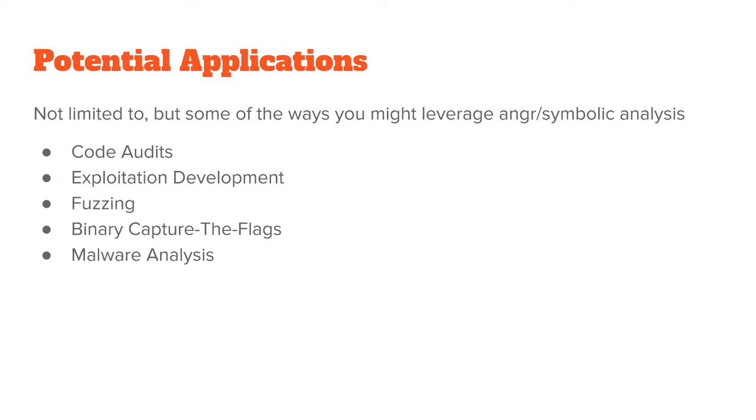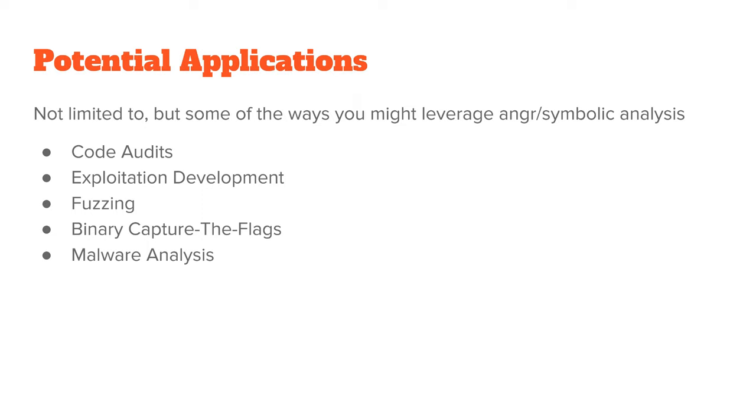So potential applications for symbolic analysis. It's not limited to these, but these are some of the more common instances of what it's used for. You have code audits, exploitation development, and fuzzing, which in this case kind of go hand in hand. Binary capture the flags.